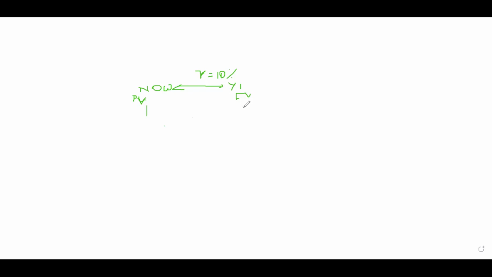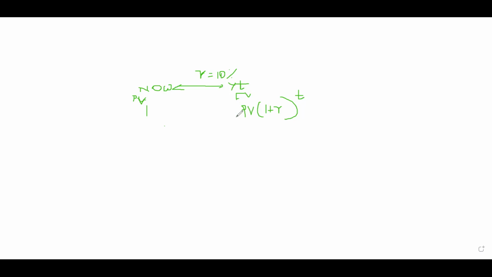Future value will be present value, that is today's dollar, times 1 plus R to the power T, right? I'm just putting here T over here. So this compound interest formula over here that you're seeing, this is the link.